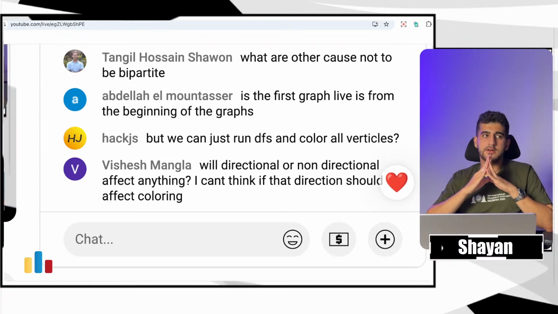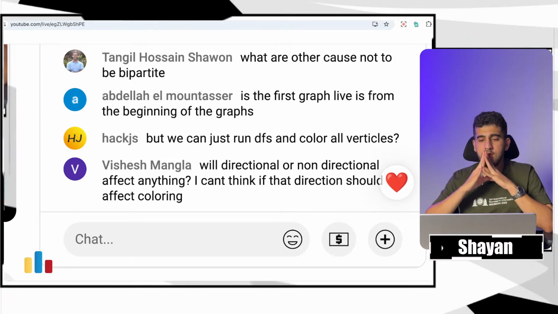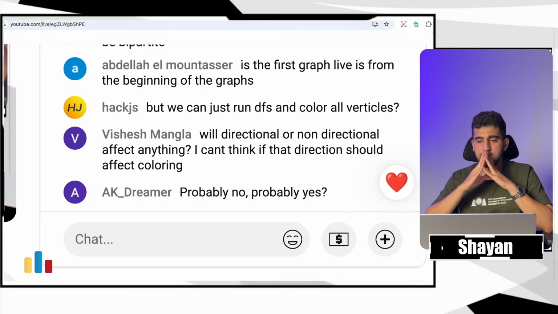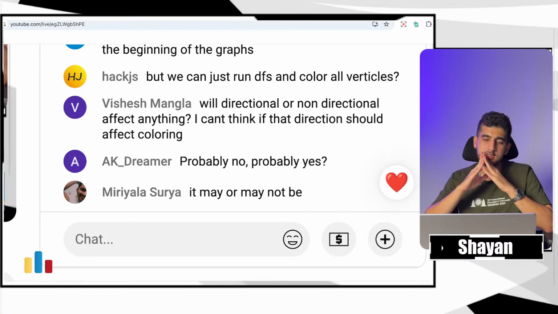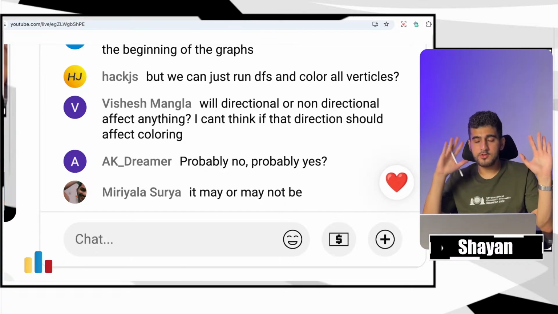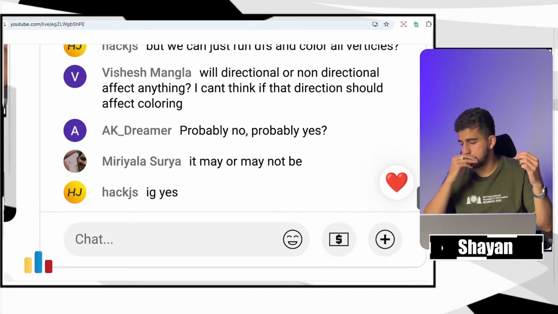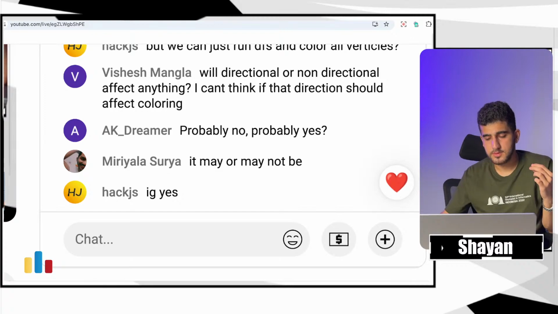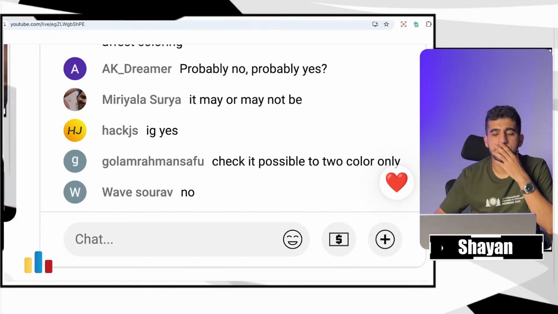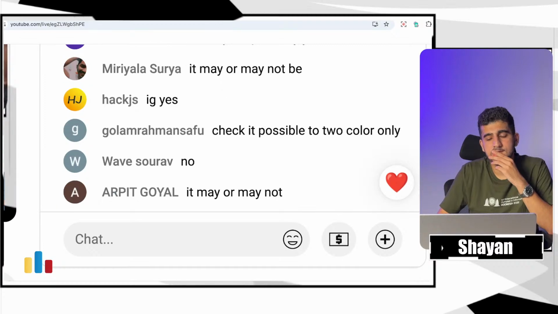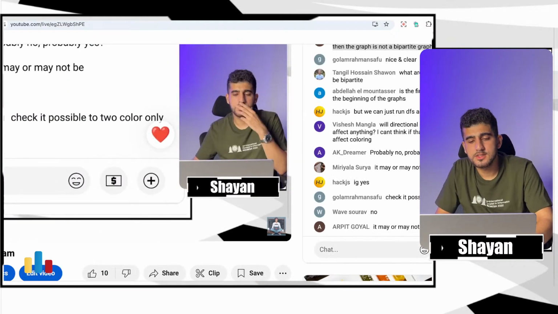Can we say that then our graph is bipartite? Probably no, probably yes. Yeah, we don't know that. I'm just asking, what is your guess? No? It may or may not.